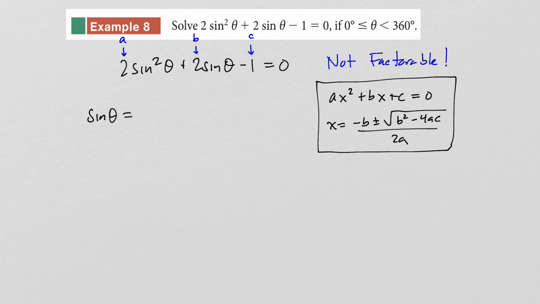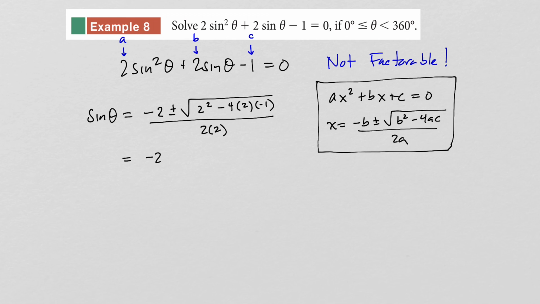So when I do that, I get negative 2 plus or minus the square root of 2 squared minus 4 times 2 times negative 1, all divided by 2 times 2. And if we simplify, this is negative 2 plus or minus the square root of 4 plus 8, all divided by 4. So I'm just doing the math in here.